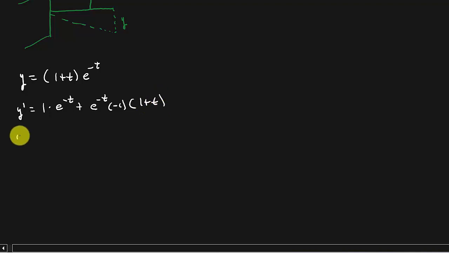And so that's going to give me y prime is e to the negative t. And let's distribute minus e to the negative t, well, plus minus t e to the negative t. So y prime is just negative t e to the negative t. There we go. So that wasn't bad.